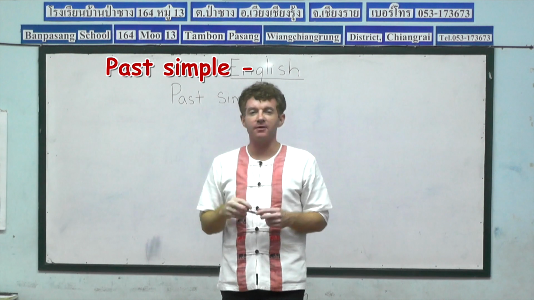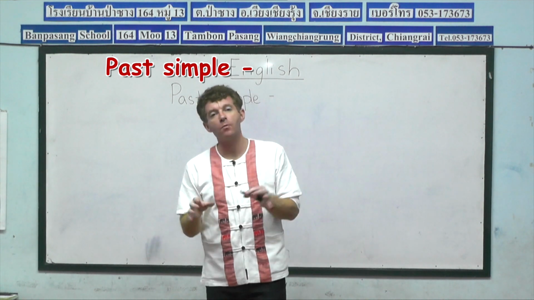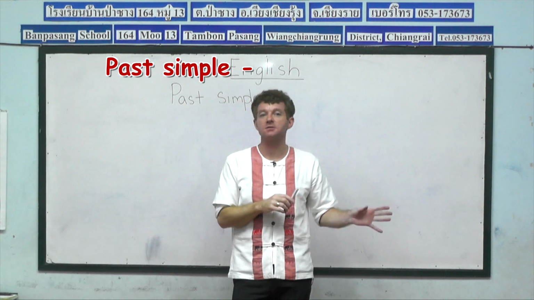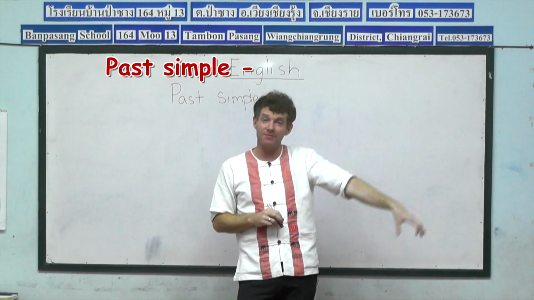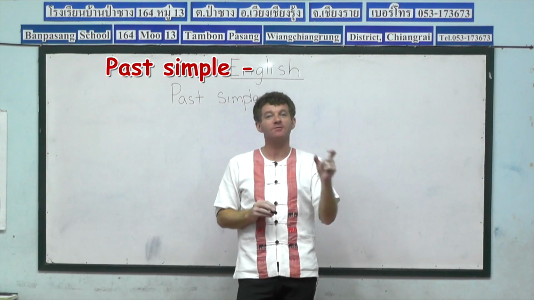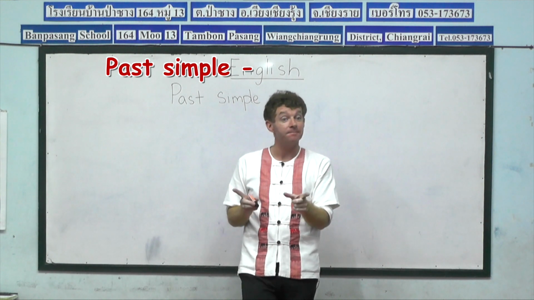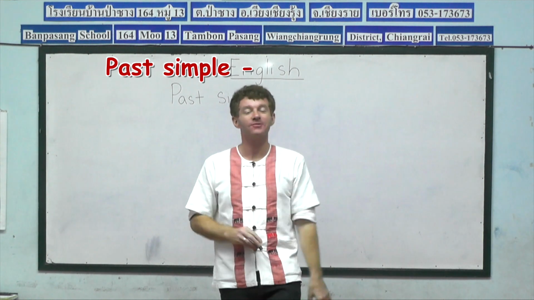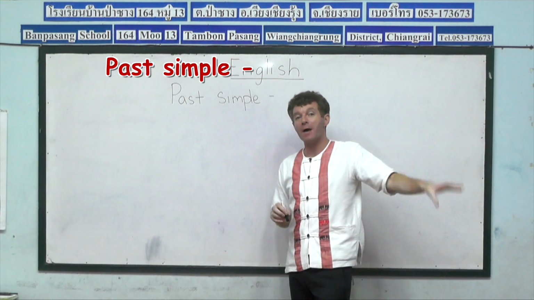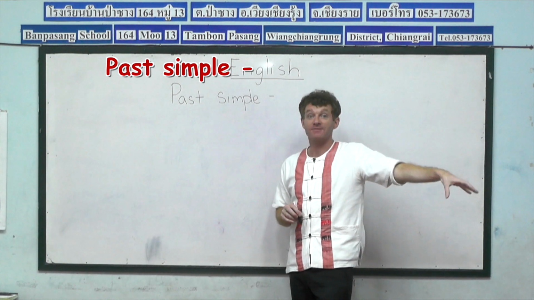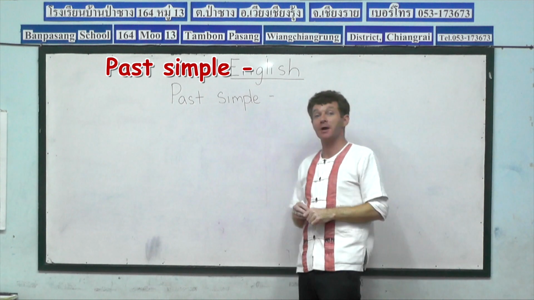And in the previous lesson, we learned that when we talk about past events, we can give them a specific time frame. We can say when they happened. And this is something we call time markers. Time markers are ways that we talk about past events and refer to them in a specific time period.